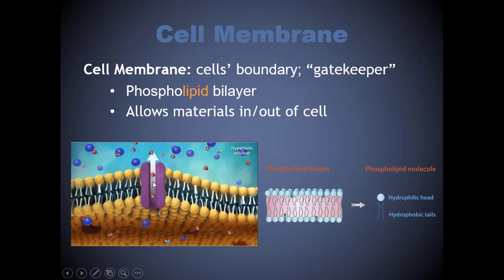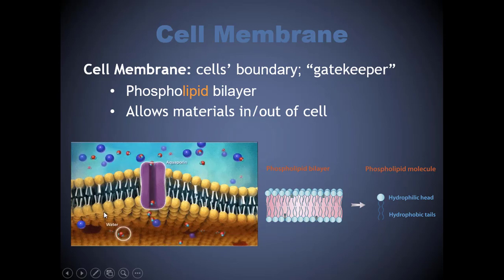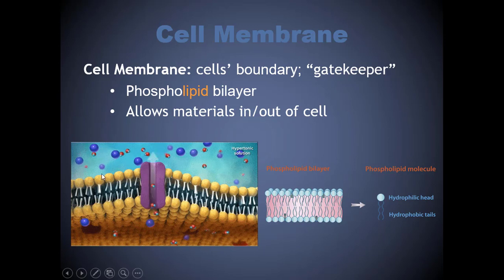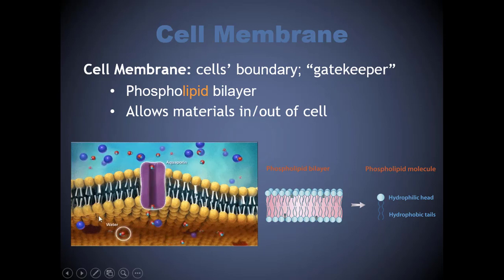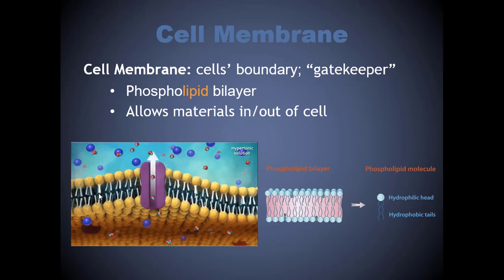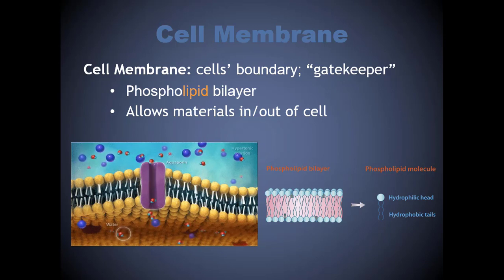Usually those materials that are water-based, some ions and large molecules, cannot go through the bilayer because, as we've said, the tails are water-hating. So because the ions and molecules are in water, they cannot go through the bilayer, and therefore, importantly, we have the proteins that transfer materials in and out.